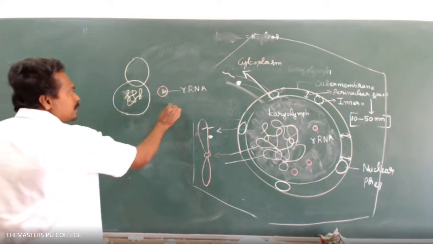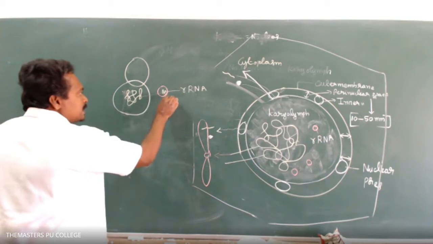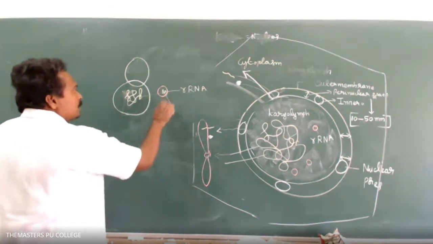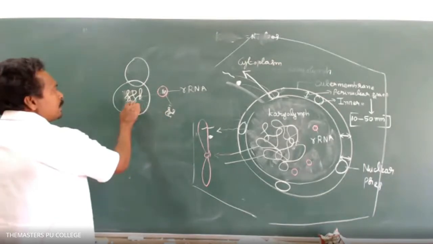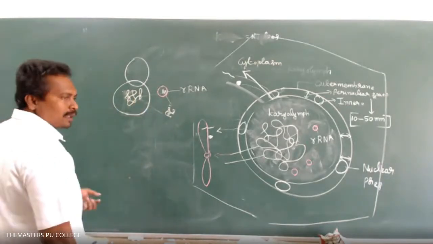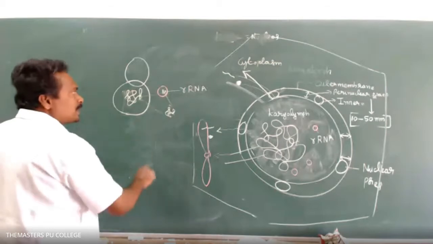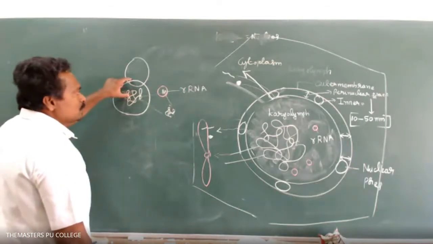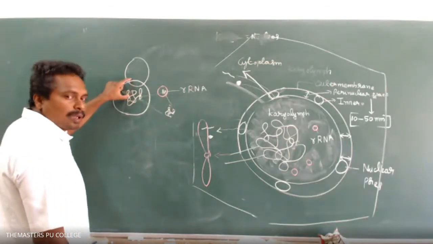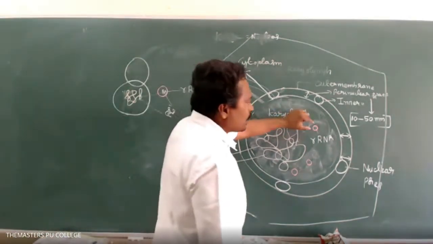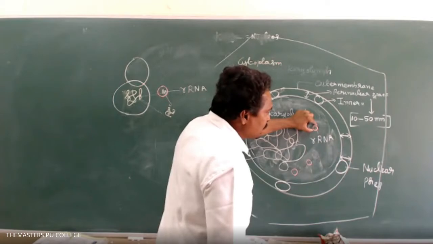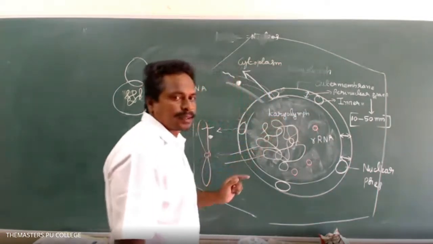Later that RNA is released from the nucleolus and enters the ribosomes. So where is the ribosomal RNA synthesized? In the nucleolus.